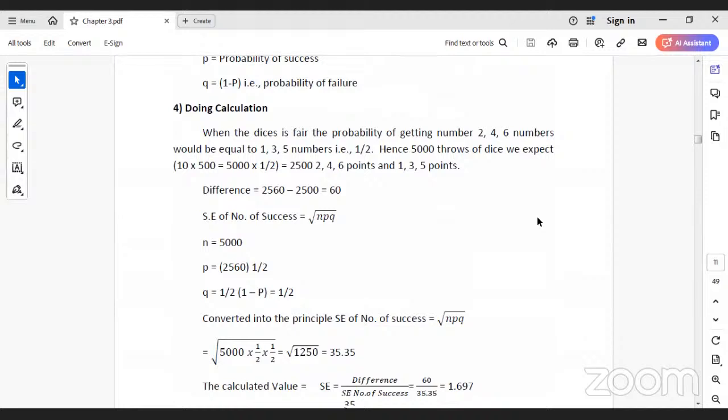So the difference: here 2,560 is given in the question, that is the probability of success, minus 2,500. Okay, here 10 dice are there. See, this step is important here. 10 dice into 500, that is 5,000 into 1 by 2, that is 2,500. Okay, 2,500 here.